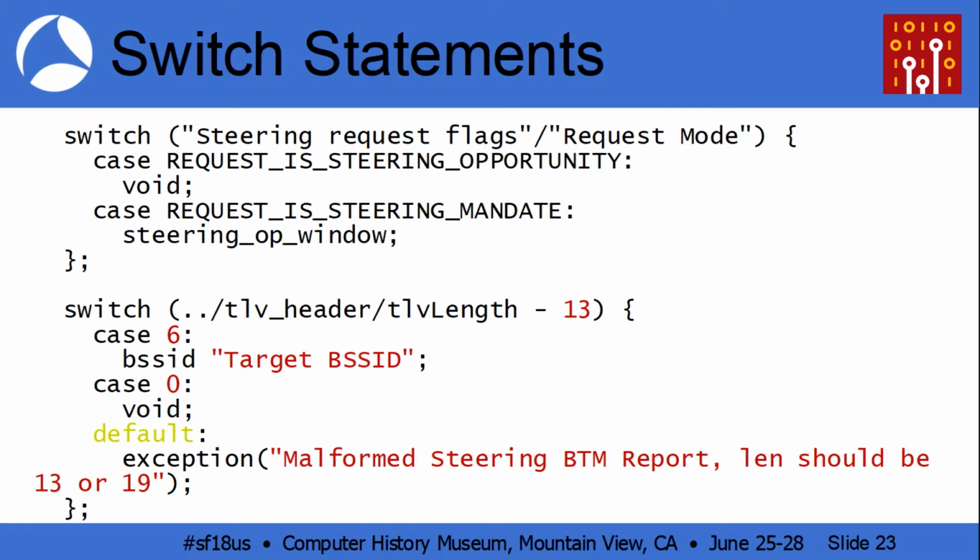And then if the value is 6, then we've got a target BSSID in here. If the value is 0, do nothing. And otherwise generate an exception saying that we've got a malformed steering BTM report, blah, blah, blah. And so the switch here becomes kind of an if statement as well. It's kind of an if with a little bit extra in it that you can do.